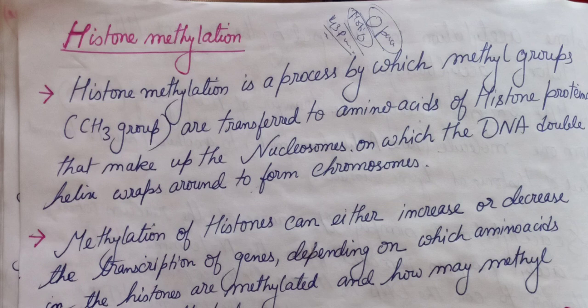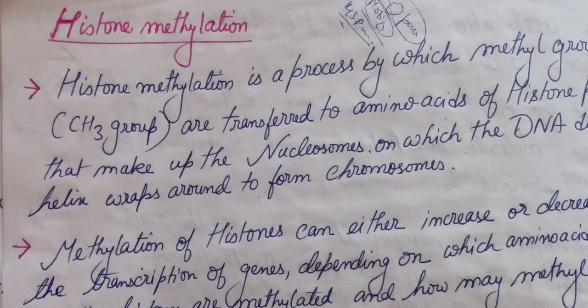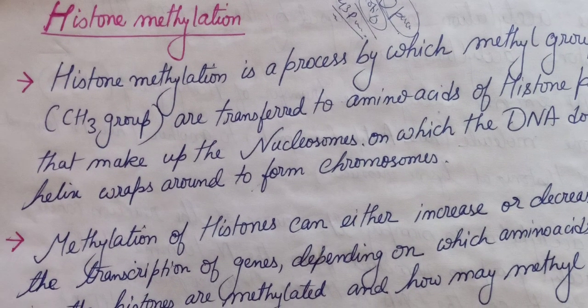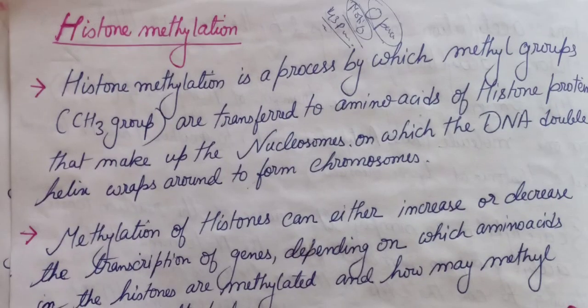Let us see. Histone methylation is simply a process by which methyl groups are transferred to the amino acids of histone proteins that make up the nucleosome, on which the DNA double helix wraps around to form chromosomes.